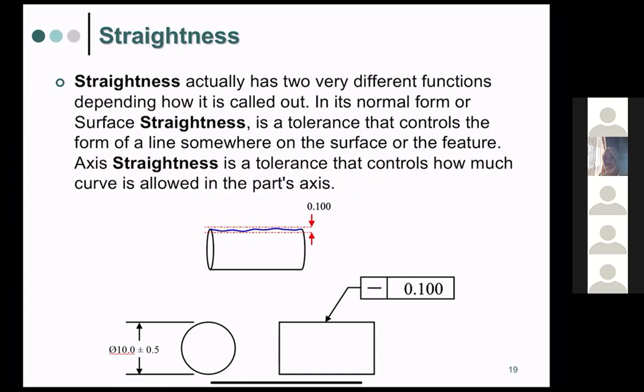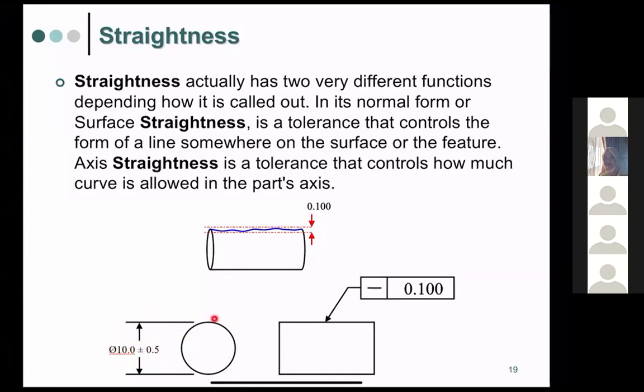For straightness, kelurusan, this is the symbol of straightness, and this is the tolerance. As long as the surface has a straightness within, for example, 0.1, it is okay. For example, this is a rod with a diameter of 10, let's say inch, and this is the tolerance.